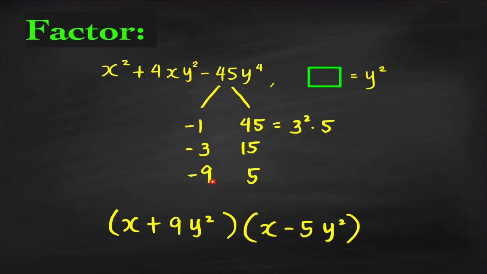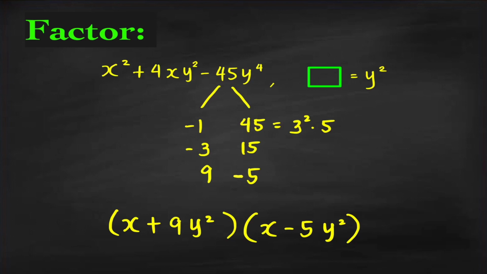If the sum is positive, the negative sign must be in the smaller number, so we move this negative sign to this one. So we get 9 and negative 5, and the sum is already positive 4. Therefore, the factors are x plus 9 times this box, which is y squared, times x minus 5 times y squared.